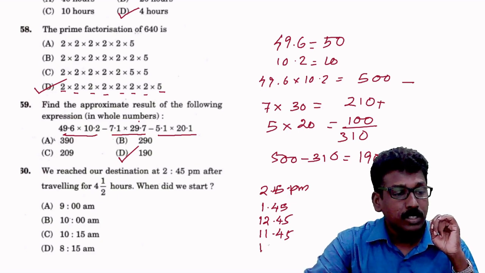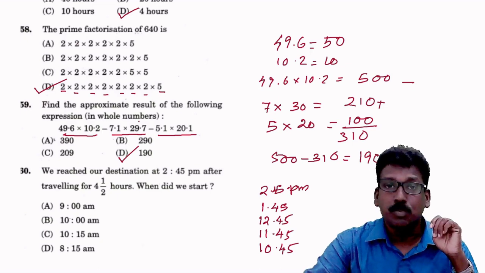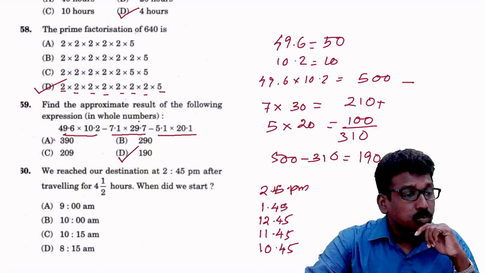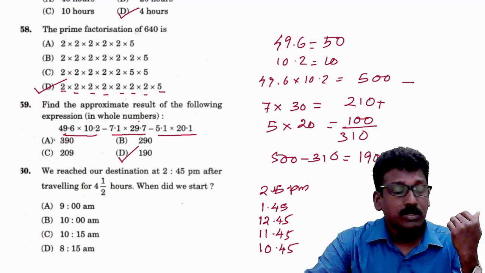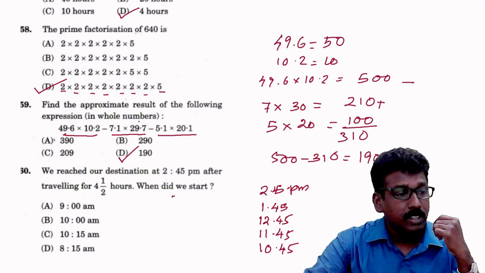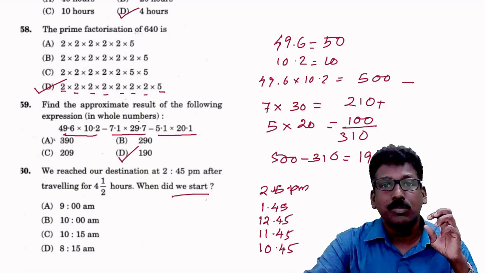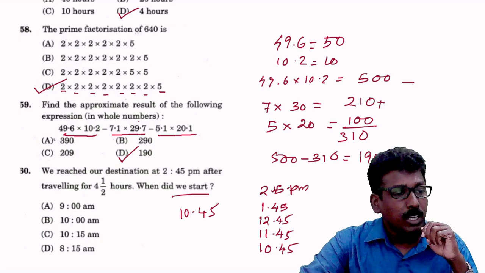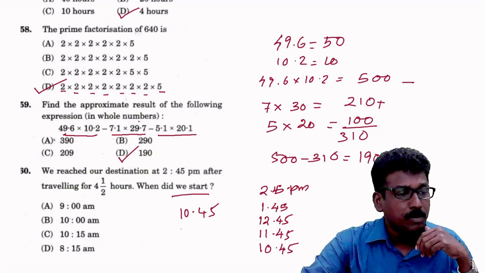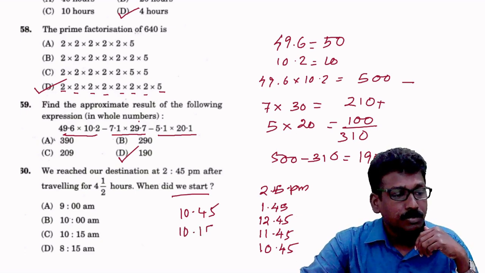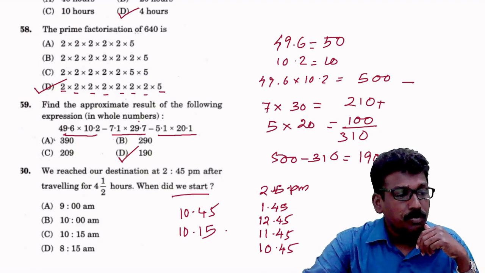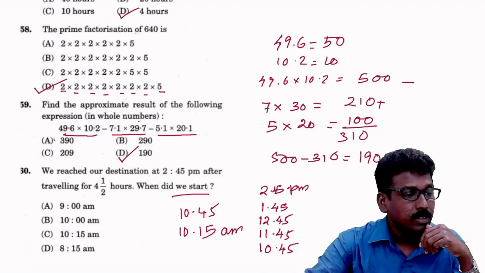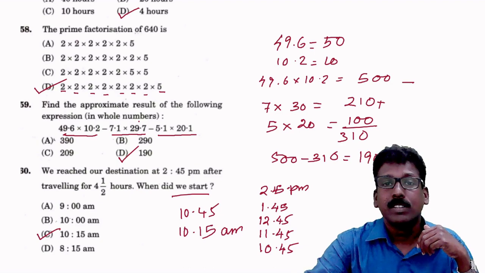One more hour before it is 10:45. Now that is 4 hours before. Now again half an hour more. When did we start? Starting time we have to find out. So 4 hours before means it is 10:45. Now again half an hour means 30 minutes, it is 10:15. So 10:15 a.m. is the correct answer. So C is the correct answer.